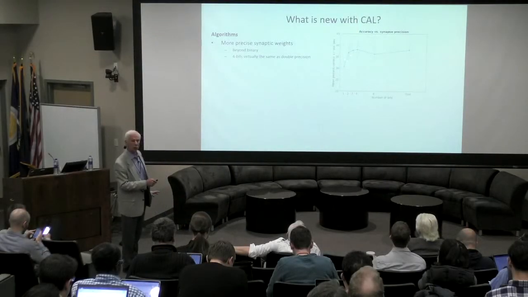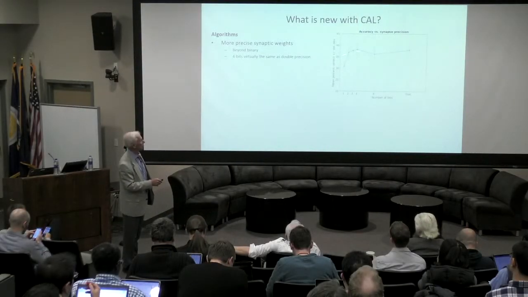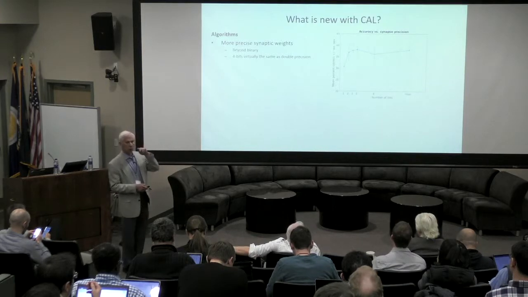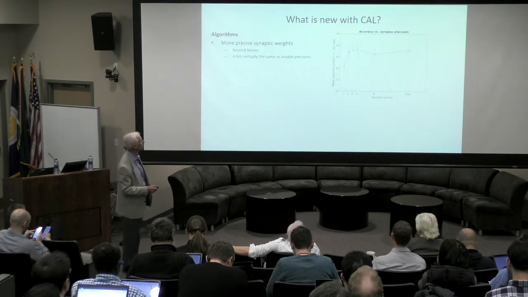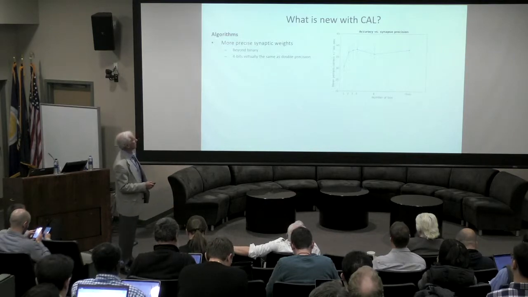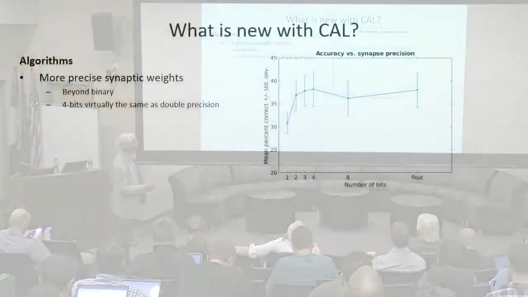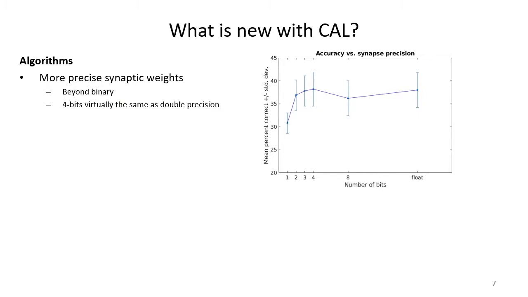It sort of saturates, as you see, at about 4, and that's not very different from full double precision floating point, of which 48 bits are being devoted to the magnitude, mantissa. So 4 bits may be a kind of sweet spot. I mean, it doesn't mean it's there forever, but everything I'm going to show today is based on 4 bits.